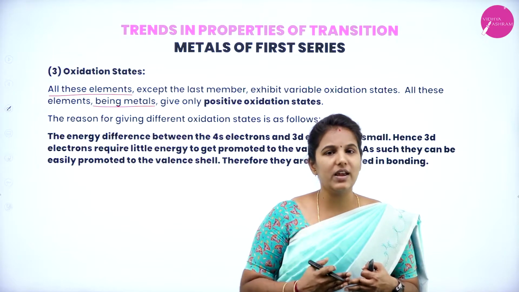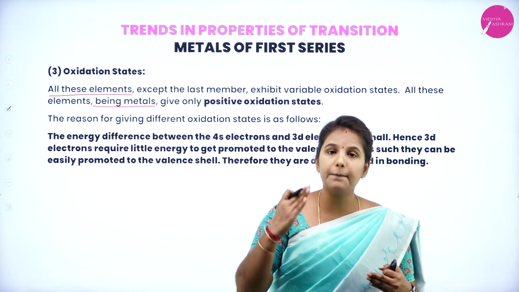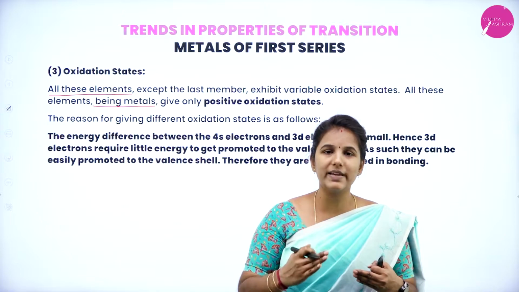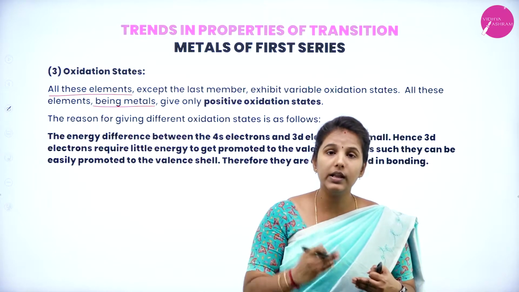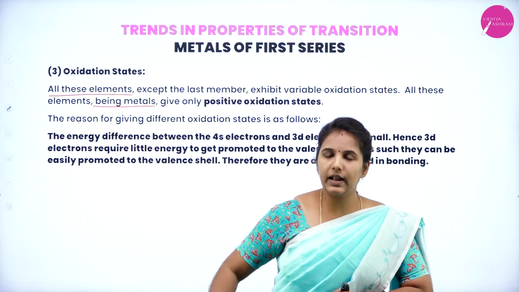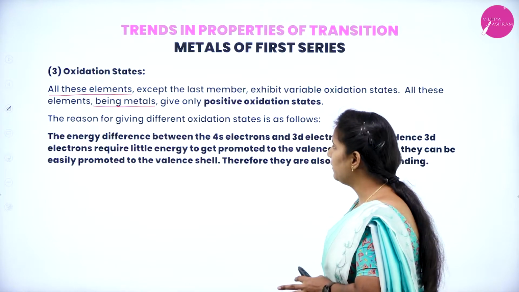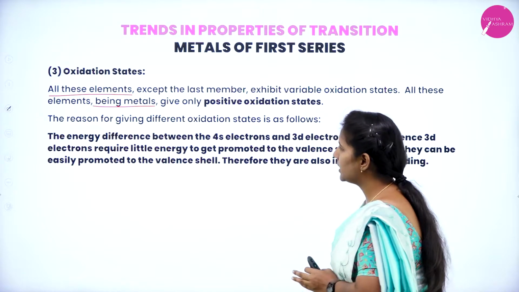Why it shows a variable oxidation state and why it shows only the positive oxidation state, that we are going to understand now. The reasons for different oxidation states are as follows.